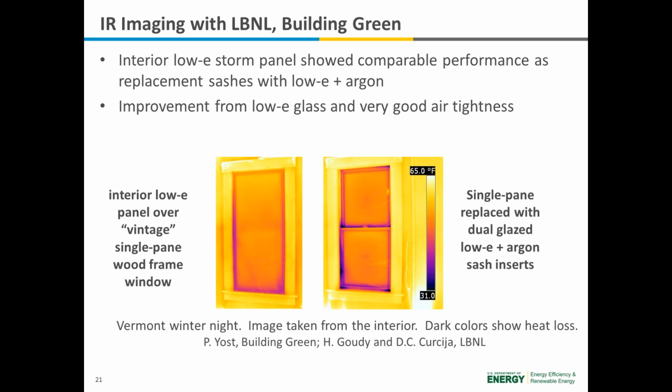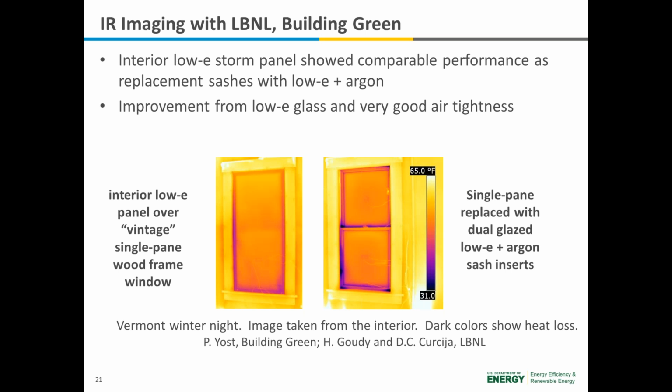A little bit later, LBNL, together with Building Green, did some calibrated IR imaging, this time from the interior. On the left is an interior low-E panel over a vintage single-pane wood frame window. And on the right, those single-pane sashes were replaced with double-pane low-E argon sash inserts.